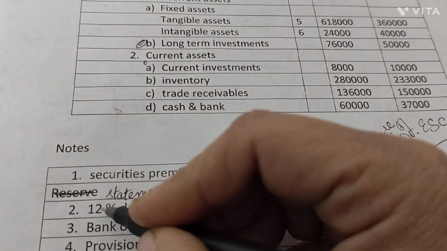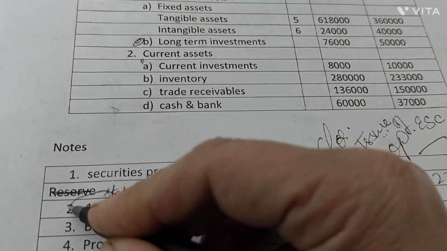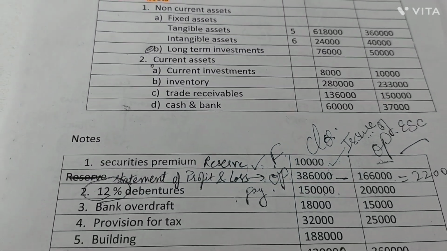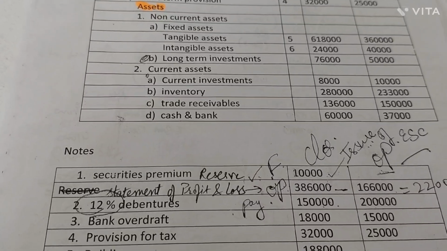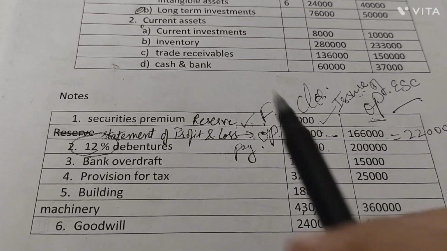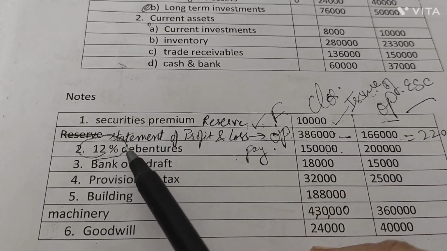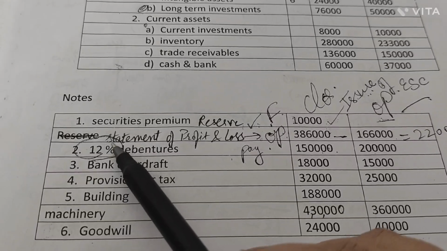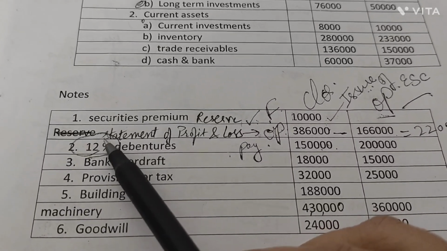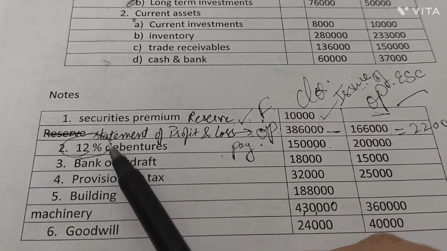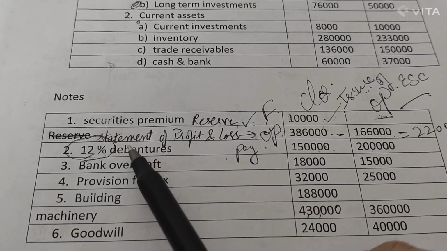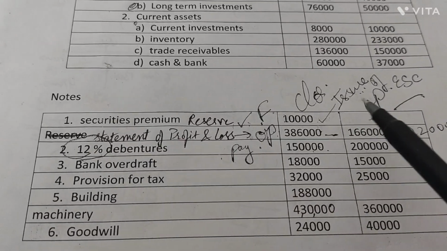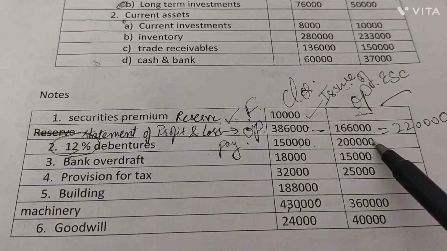Now the debentures are given to us as 12%, and there is no other adjustment given in the question. What does 12% debenture mean? That interest on the debenture is payable at the rate of 12%. If the question is silent, you would always pay interest on the opening balance of the debentures.